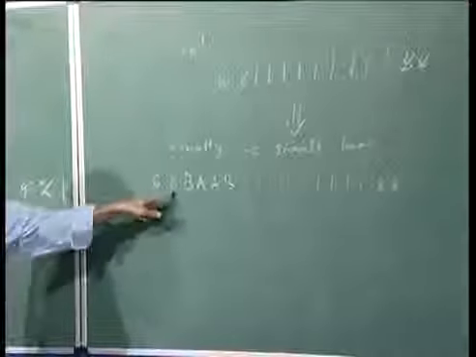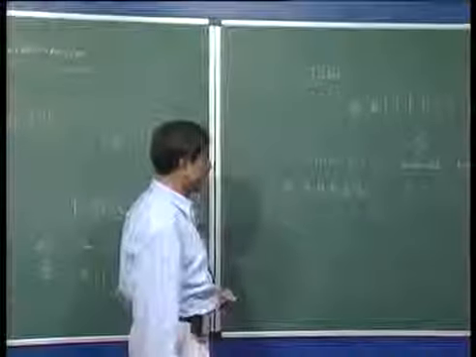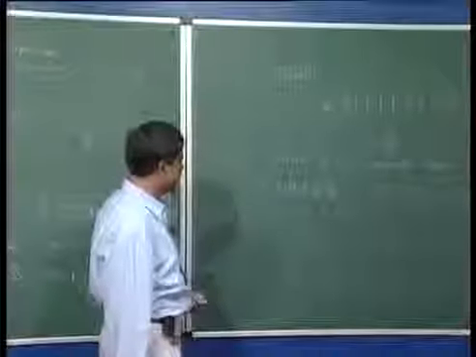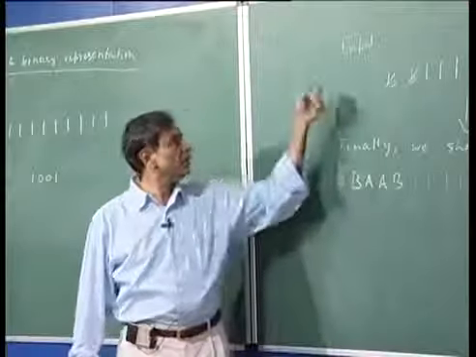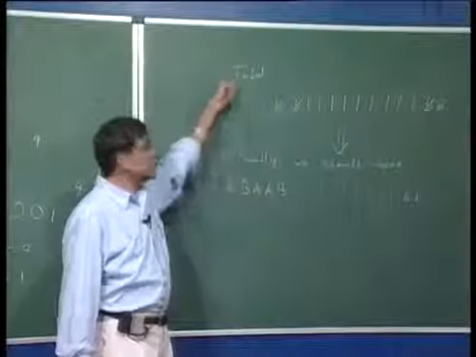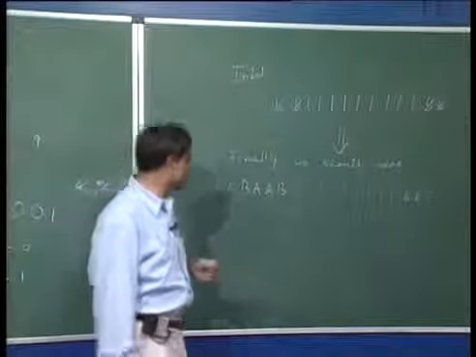Remember that these B with a slash stands for blank. All right. So, this is the conversion that we would like to effect by means of a Turing machine.